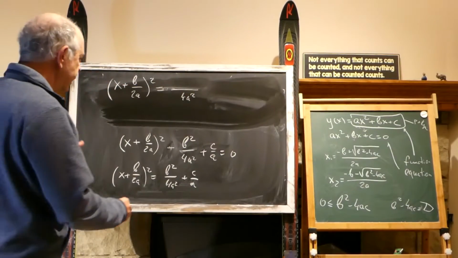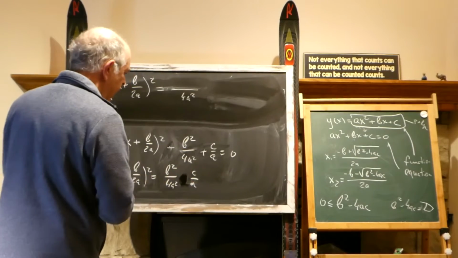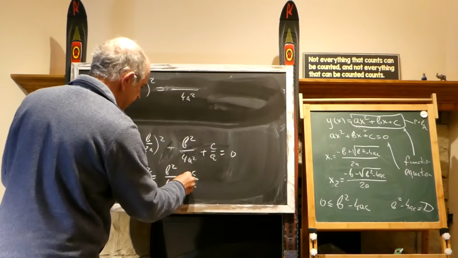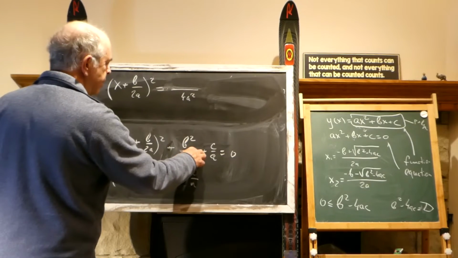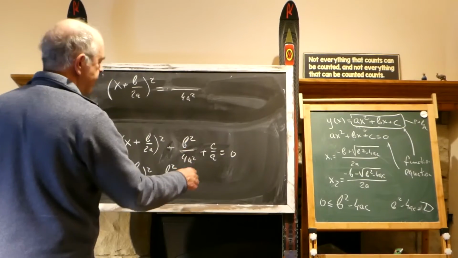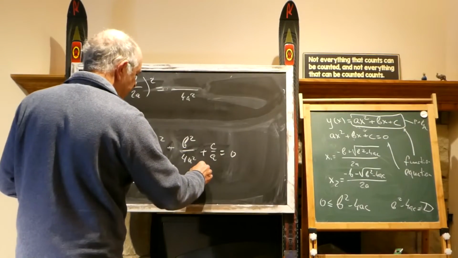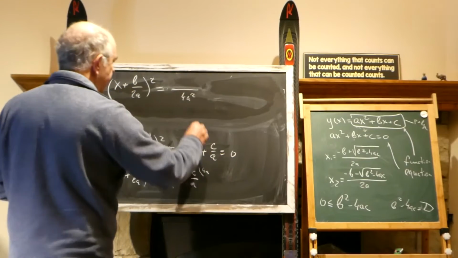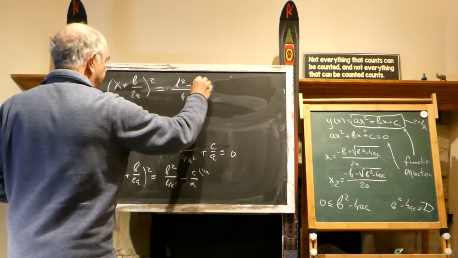And I made one mistake here, because when I moved it there I forgot to change the sign here. I didn't forget to convert minus into plus, but I forgot to convert the sign, so this mistake is fixed. I put here 4a squared, and I put here b squared minus 4ac.